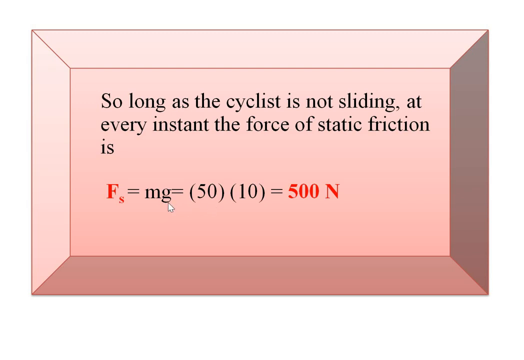Putting the values, mass is 50 and acceleration due to gravity is 10. Multiplying, we get the force of friction, the final answer, 500 Newton. So this is the second example given in the exercise. So let's see the third example.